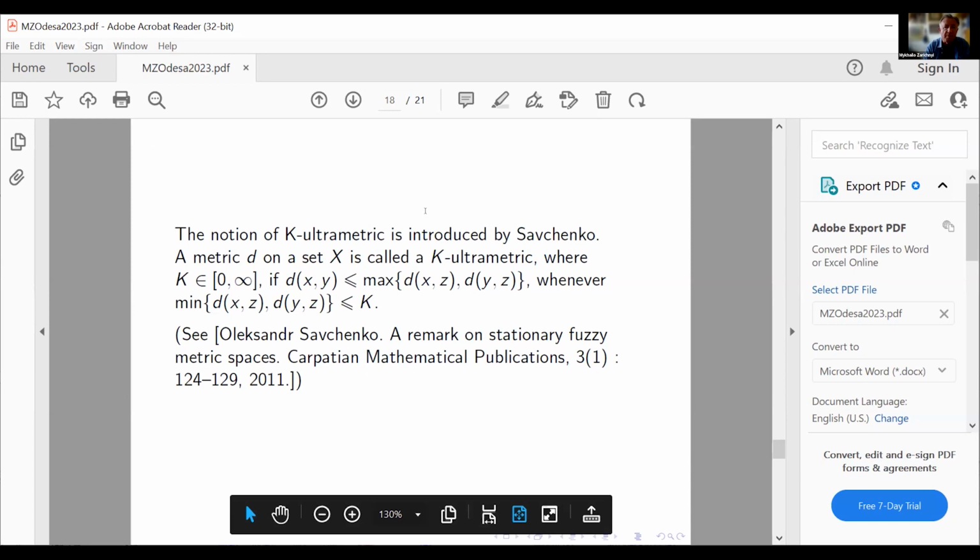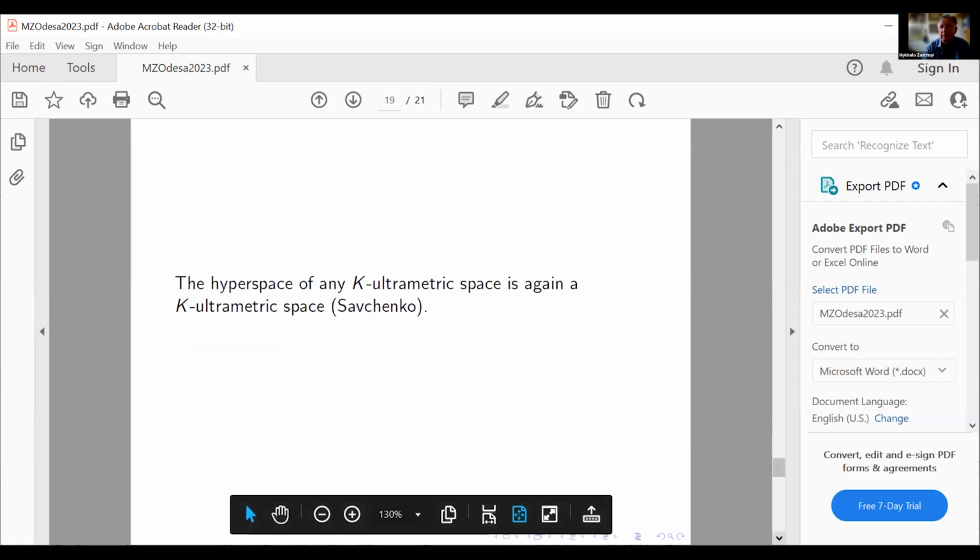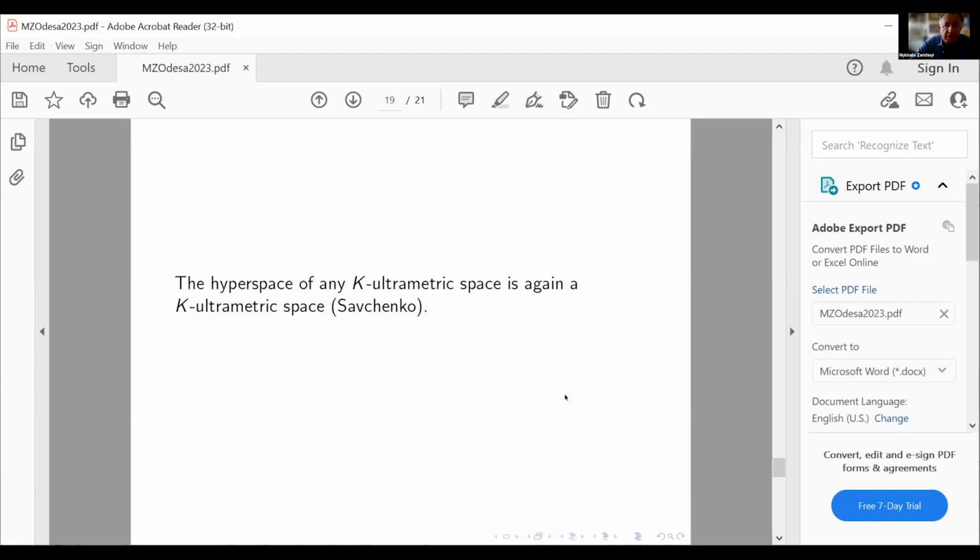And also I would like to mention an intermediate notion of K ultrametric, which was introduced by Alexander Savchenko. A metric d on the set X is called a K ultrametric, where K is a non-negative number or infinity, if the following strong triangle inequality holds not for all x, y, z, but whenever the minimum of these two distances is less than or equal to K. Well, and it turns out that the hyperspace, which means the space of all non-empty compact subsets of a metric space, should be endowed with the Hausdorff metric.